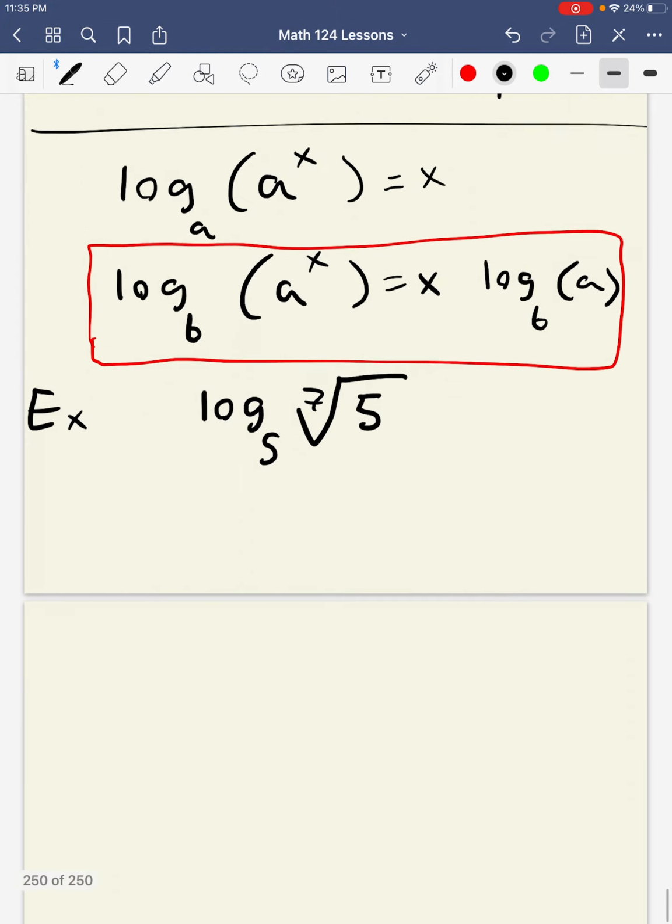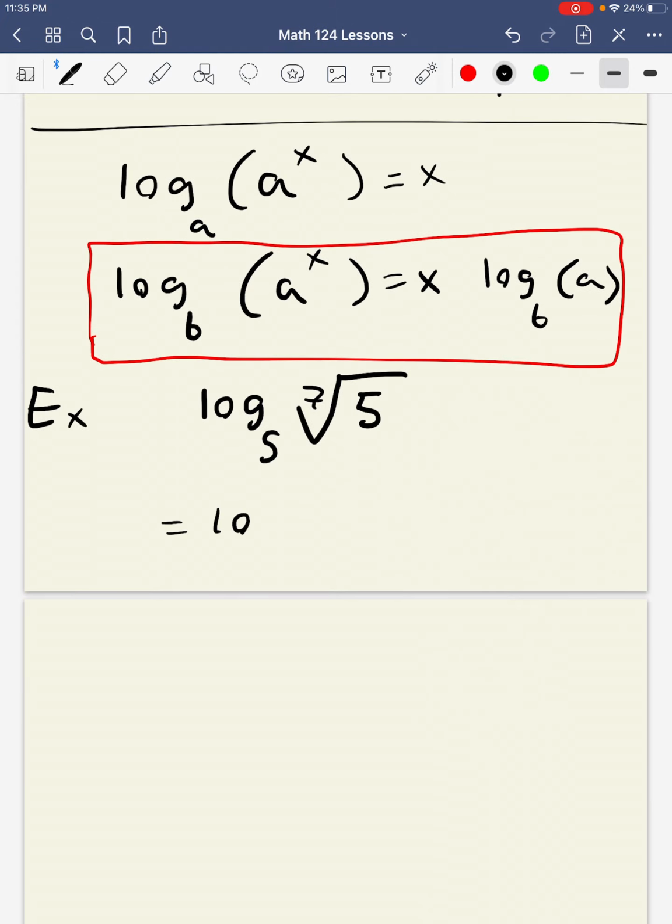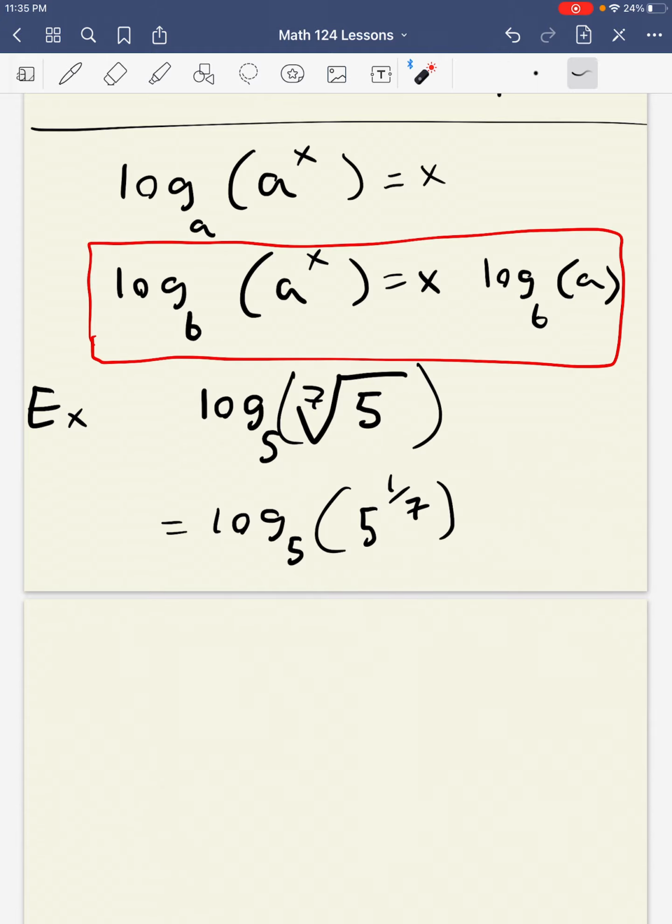If you rewrite this, we have the 7th root of 5. Remember, that could be written as 5 to the 1/7. The 7th root and the exponent 1/7 mean the same thing. But when it's written like this, we could plug into the above formula, and here we do have the same base, so luckily everything will cancel out.